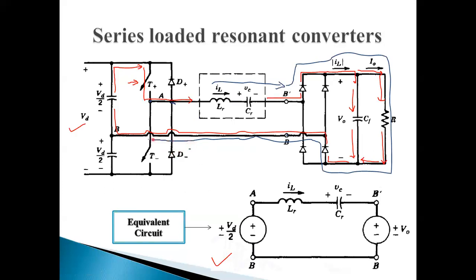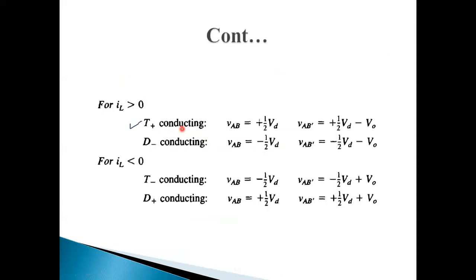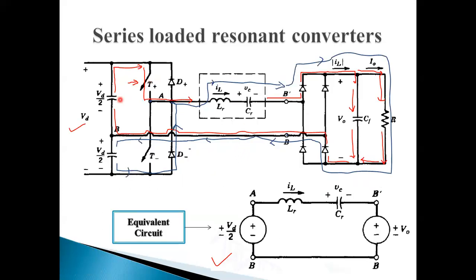In this manner, this closed loop path is completed, and we get VAB equal to minus VD, because our VAB is this and this.